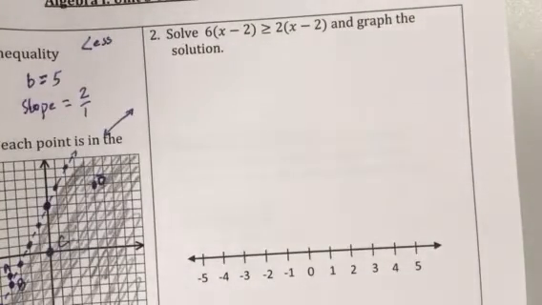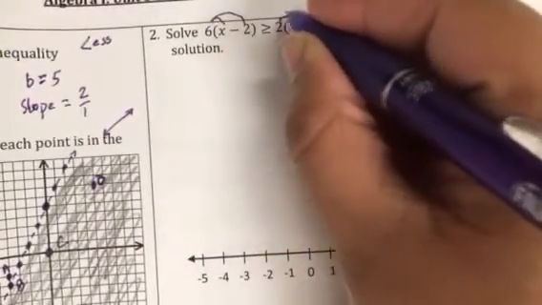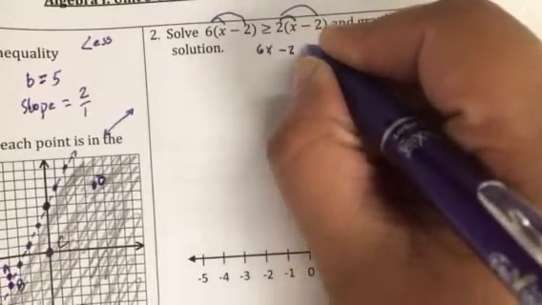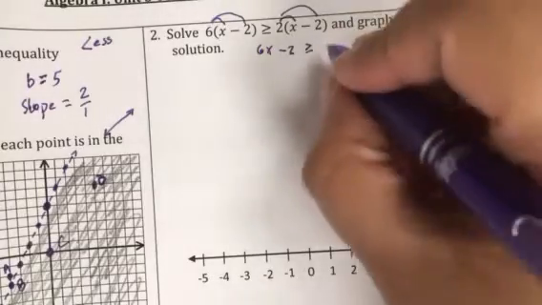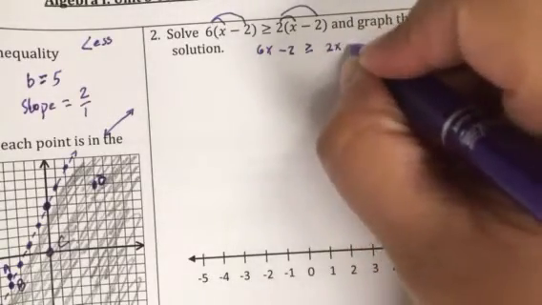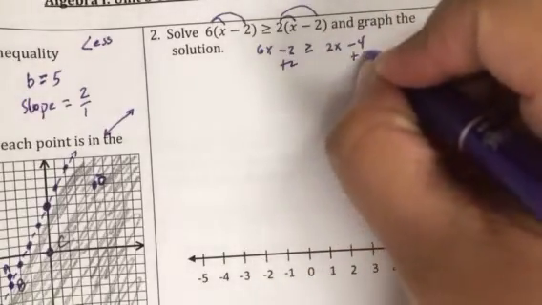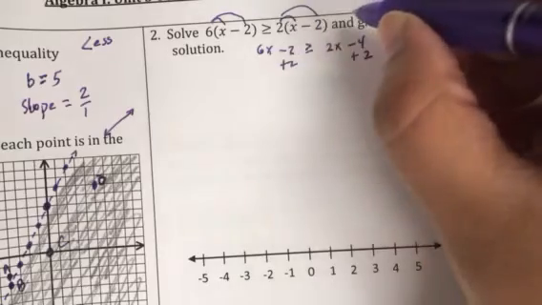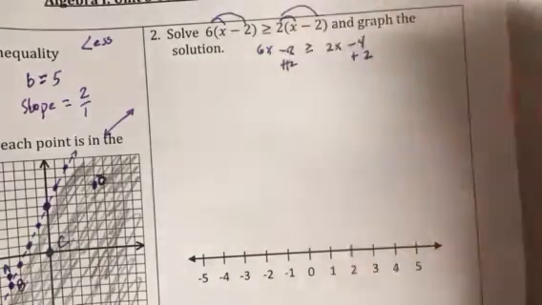Alright, number 2. So we have to distribute. I have 6x minus 2 less than or equal to 2x minus 4. I'm going to add 2 to both sides. That should have been a 12, sorry.